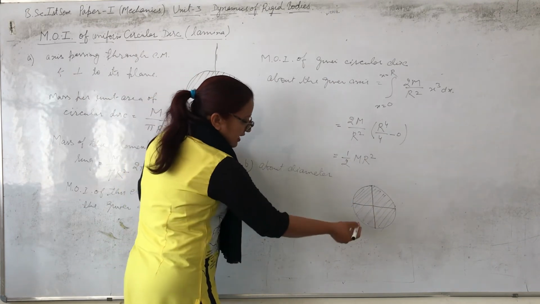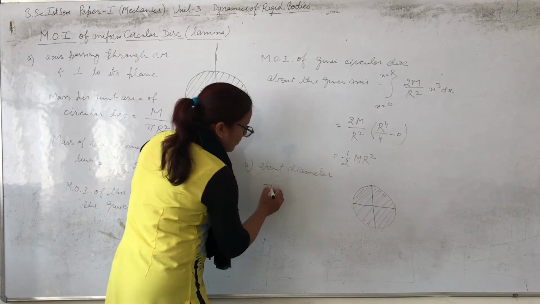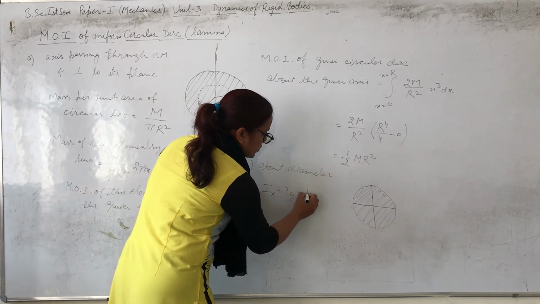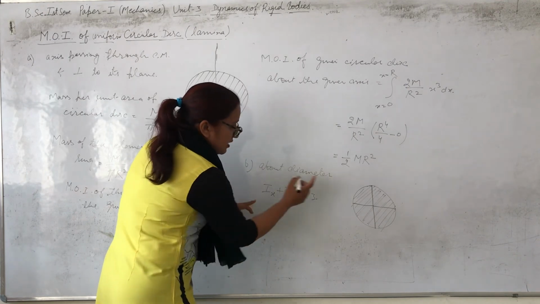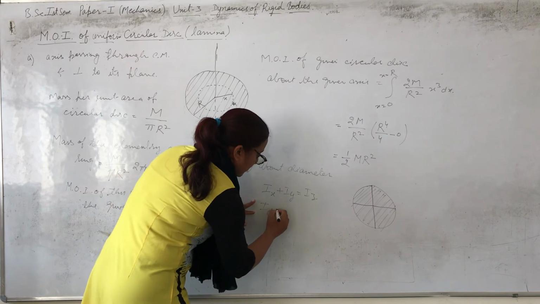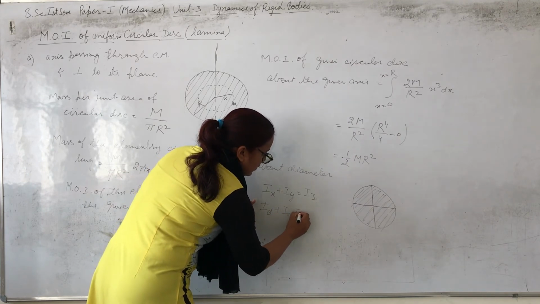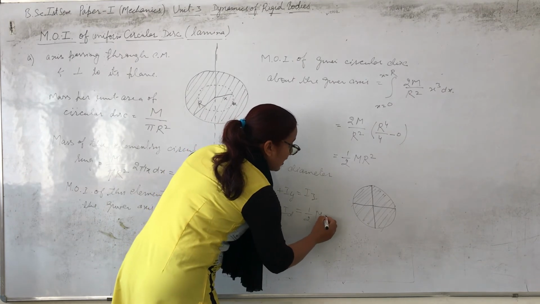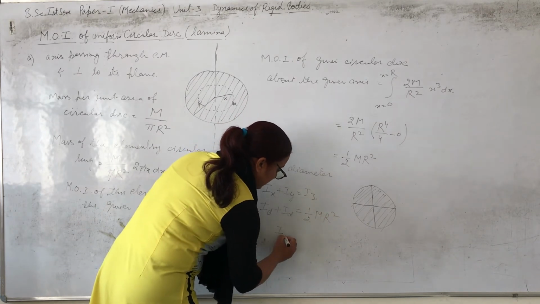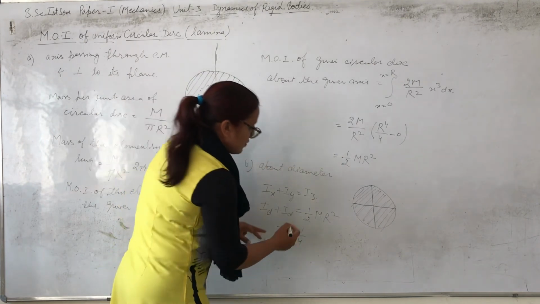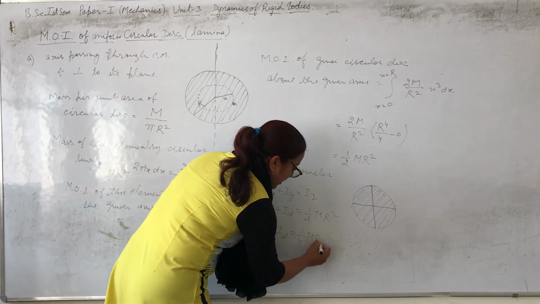So here again I am applying the theorem of perpendicular axis, meaning Ix plus Iy equals Iz. Both of these represent the moment of inertia about the diameter, equals what we have calculated, 1/2 mr square. So the moment of inertia about any diameter of this circular disc will be 1/4 mr square.